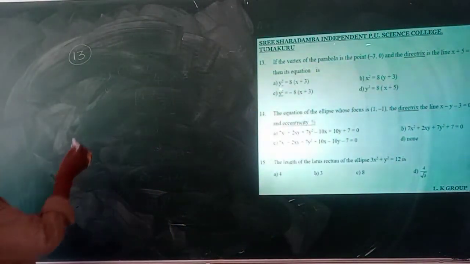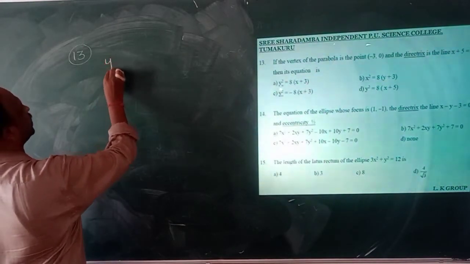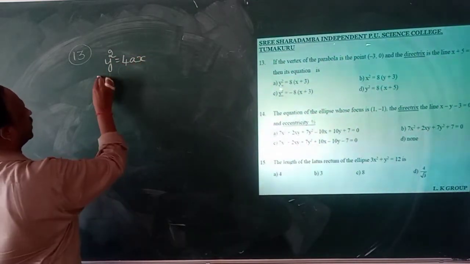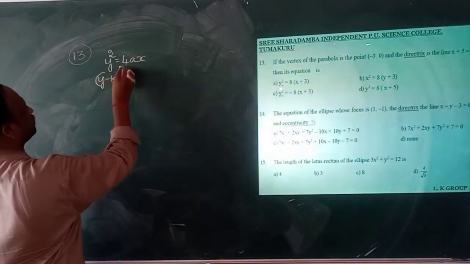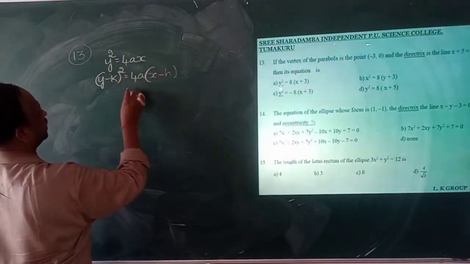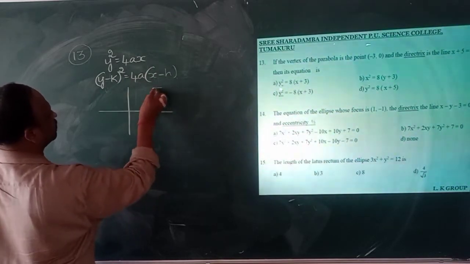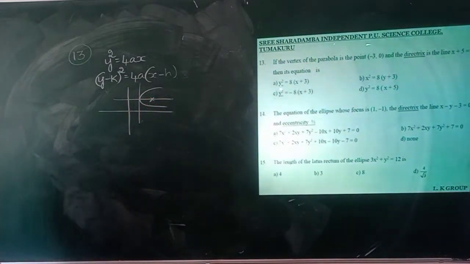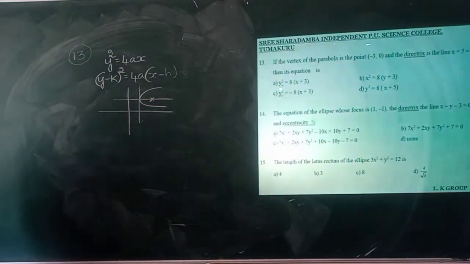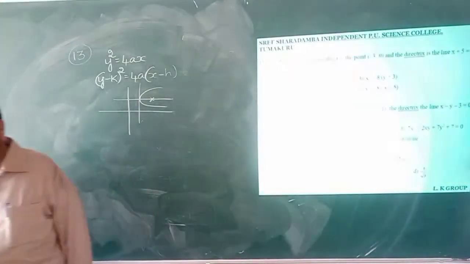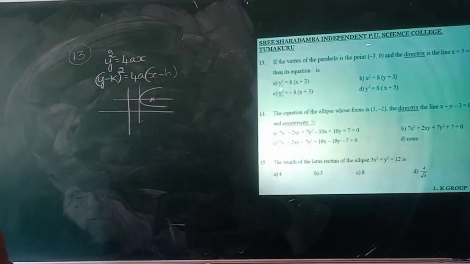This problem belongs to a vertex other than the origin. If it is y square is equal to 4ax with vertex at the origin, then with a different vertex we write y minus k whole square is equal to 4a into x minus h. Similarly, y square is equal to minus 4a into x minus h, and x minus h whole square is equal to 4a into y minus k. All four will be different.